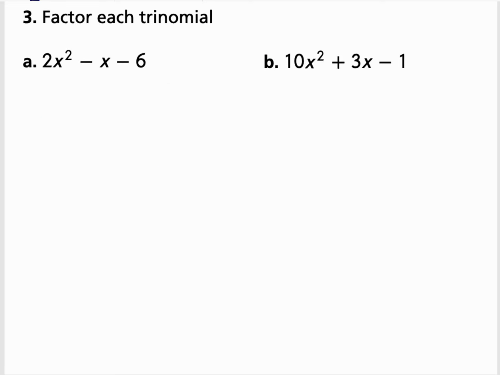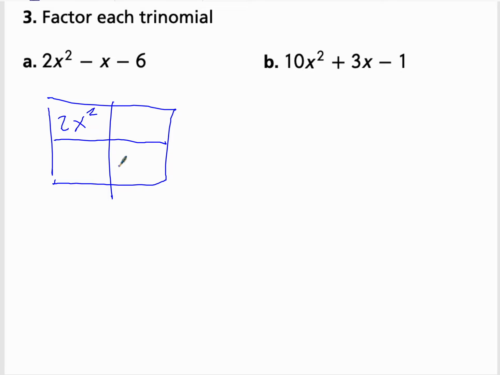All right, just a couple more slides. Just trying to get more practice. So 2x squared minus x minus 6. Build my box here. My boxes are getting sloppier and sloppier. So 2x squared minus 6, and I'm going to multiply. 2 times negative 6 is negative 12. So I'm factoring negative 12.